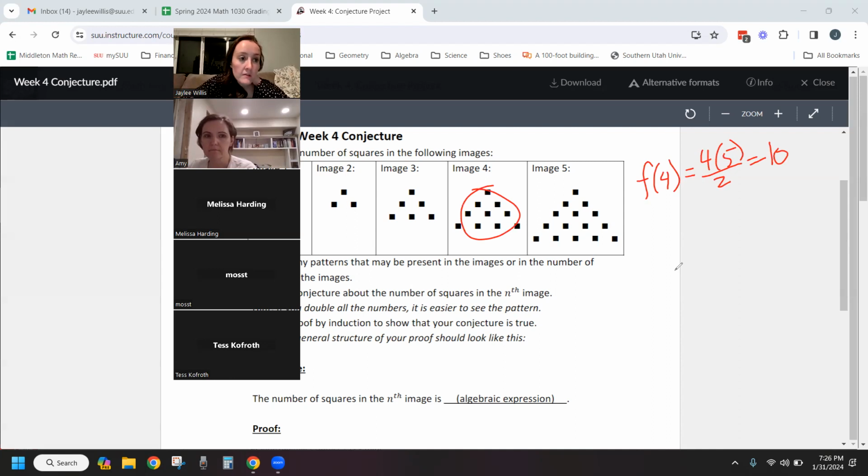You could try it for the other ones, but I've done this before, and probably you guys tested it out as well. This is the correct conjecture. So the conjecture we're trying to prove is that the nth image is going to have n times n plus 1 over 2 squares.